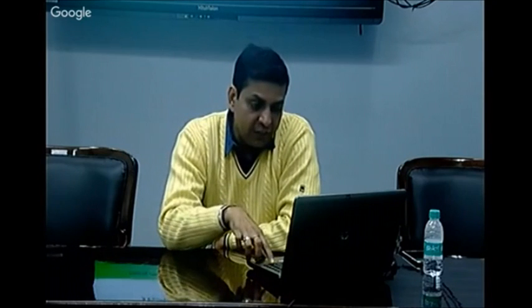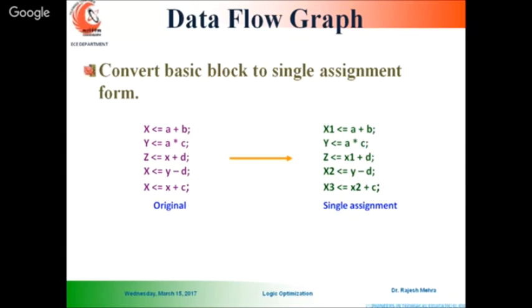Now what do we have to do? We have to perform scheduling and binding, allocation of resources. How to perform that scheduling and binding part on these 5 expressions? First, you have to convert these expressions into single assignment operators.